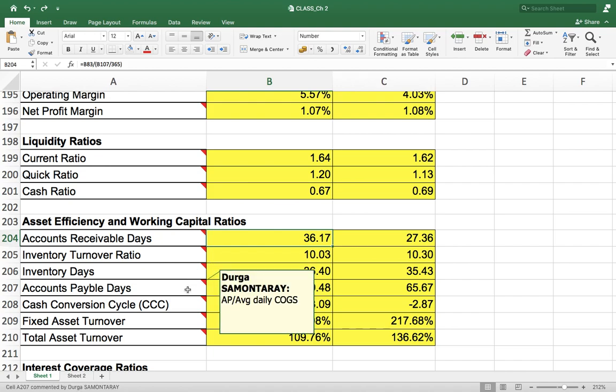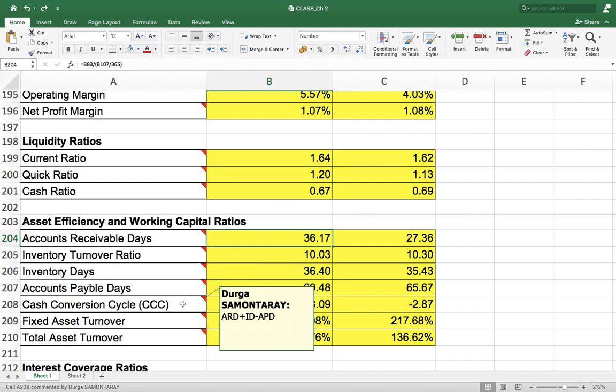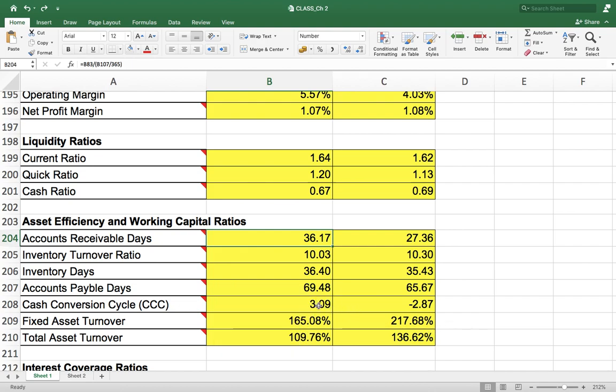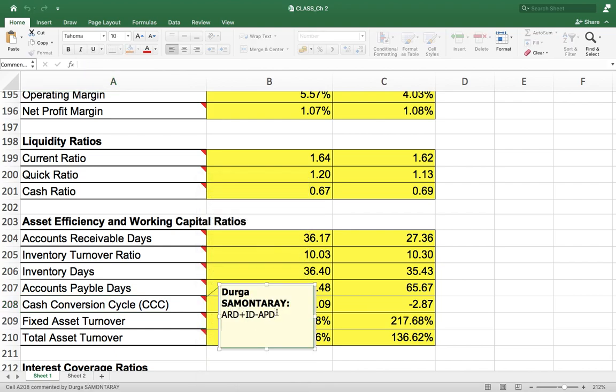Accounts payable days is equal to accounts payable divided by average daily cost of goods sold. Cash conversion cycle is equal to accounts receivable days plus inventory days minus accounts payable days. It tells you how many days you take to convert, and lowest is better. I can write here, edit comment, lowest is the better sign.